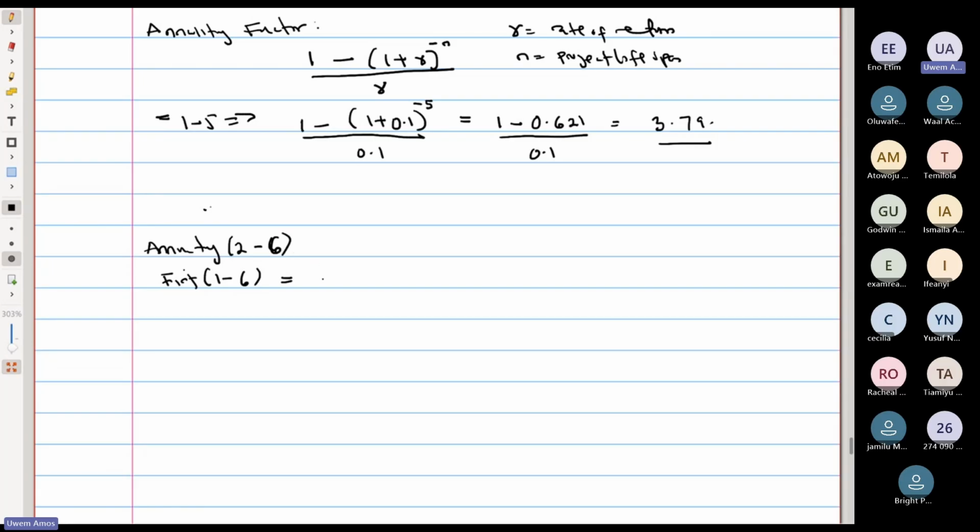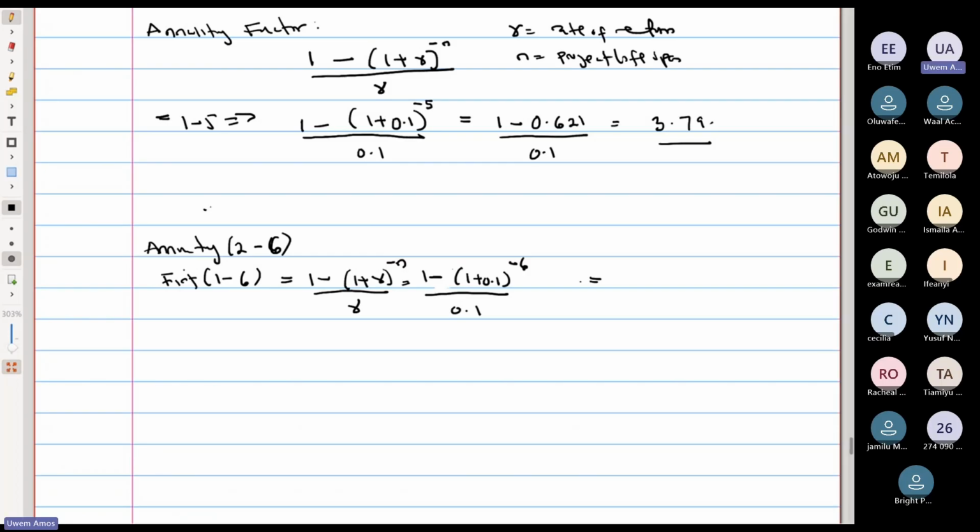The formula is 1 minus 1 plus r raised to the power of minus n, divided by r. So that's 1 minus 1 plus 0.1 raised to the power of minus 6, divided by 0.1. What do we have, guys?